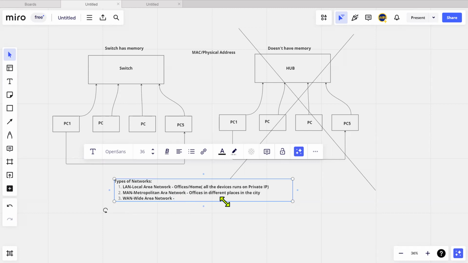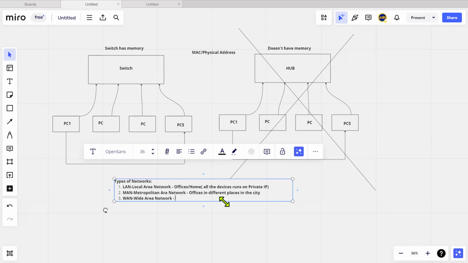Okay, coming to WAN, Wide Area Network. What is a wide area network? A wide area network is a public network. We can call it a public network. This is also called the internet, in our layman language.